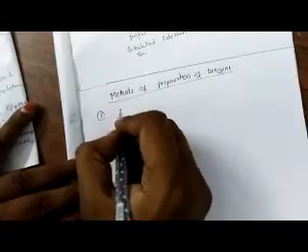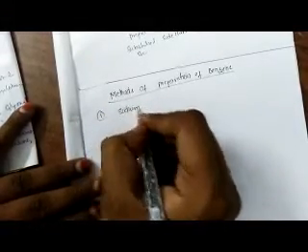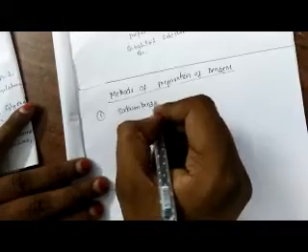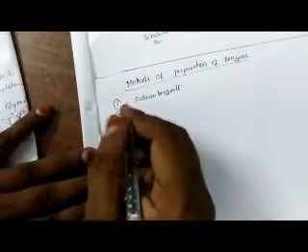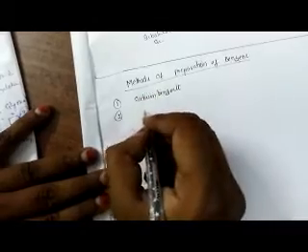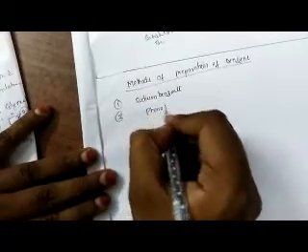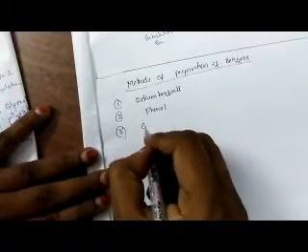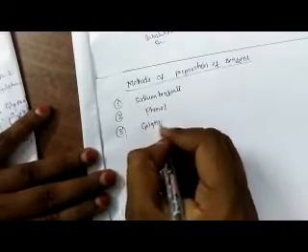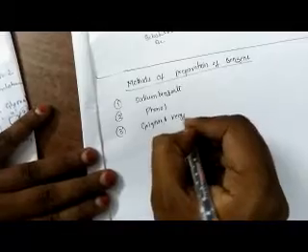The first method is preparation from sodium benzoate. We can prepare benzene from the phenol. We can prepare benzene from Grignard reagent.